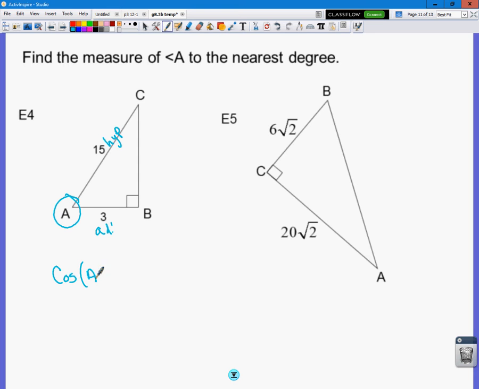A. And it will be equal to 3 over 15. The opposite of cosine is cosine^-1, or the inverse cosine. Leaving me A equals. This gets keyed into the calculator. And it should be 78 degrees.